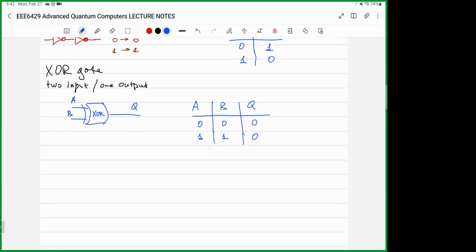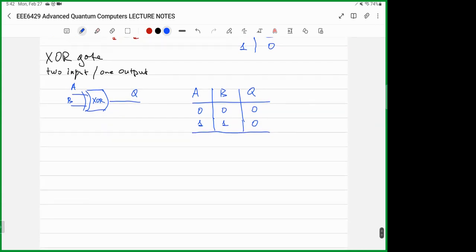But if the inputs are different, like A is equal to 1, B is equal to 0, then the output is 1. The same way here.